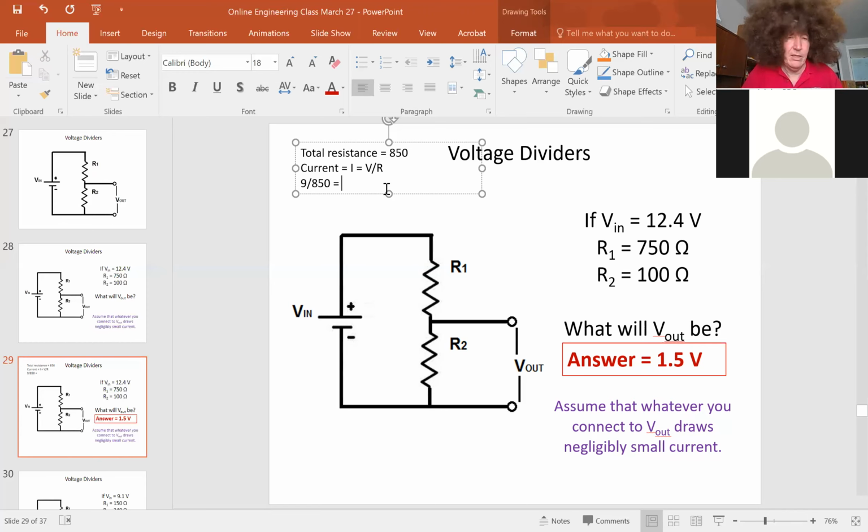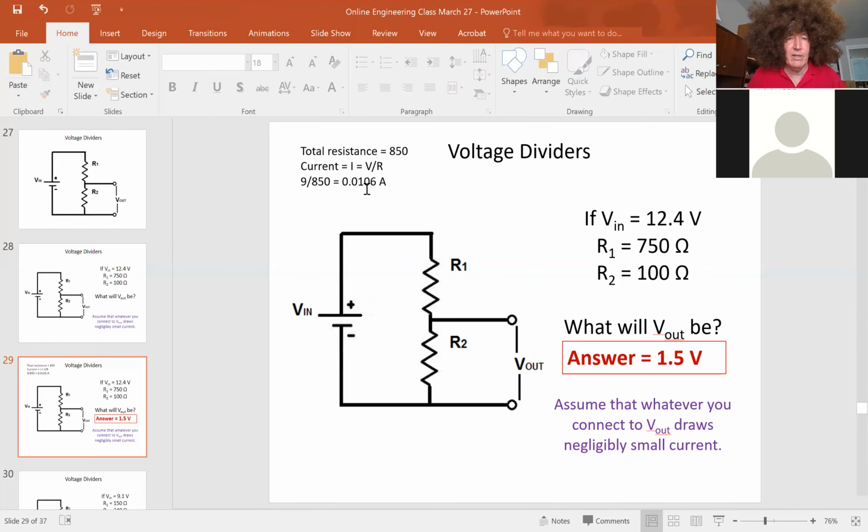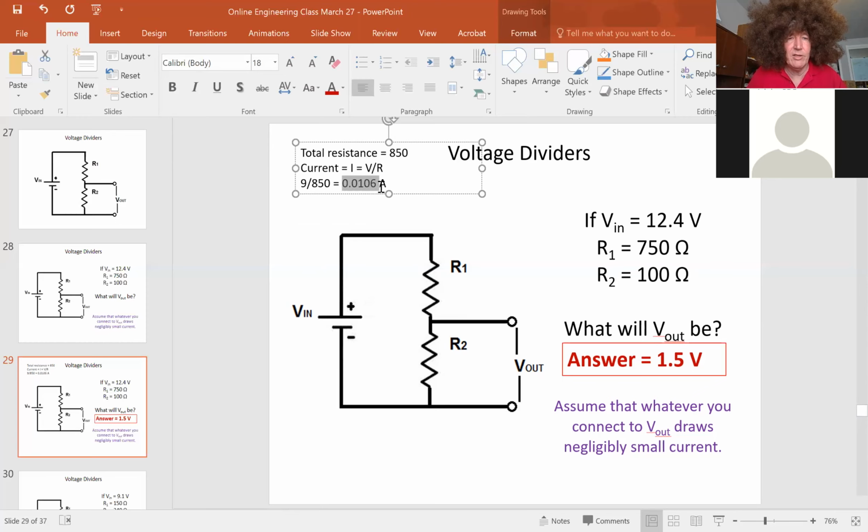Okay, so I'm getting 0.0, or I'm sorry, yeah, 0.0106. Okay, and by the way, that's going to be amps. I should probably put my units in here. Okay, so what I'm getting is that the current that is flowing through this circuit is 0.0.